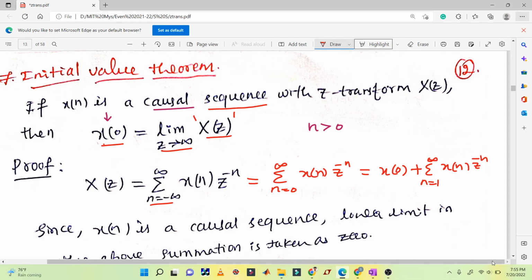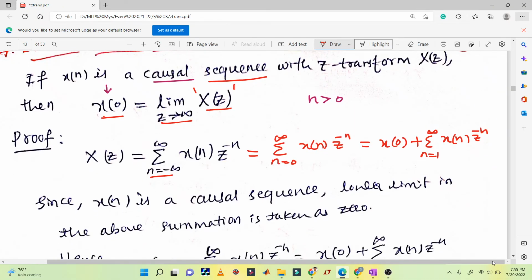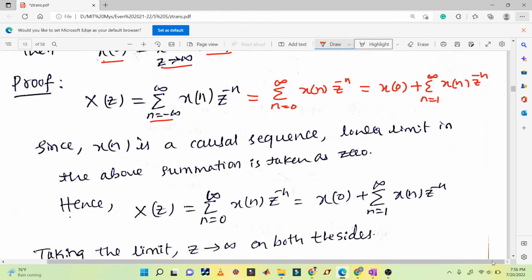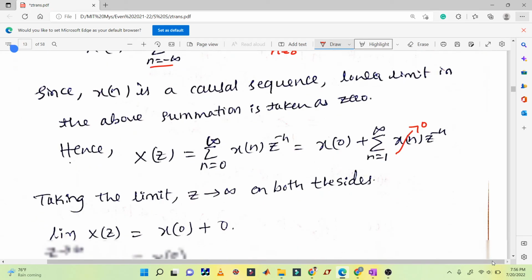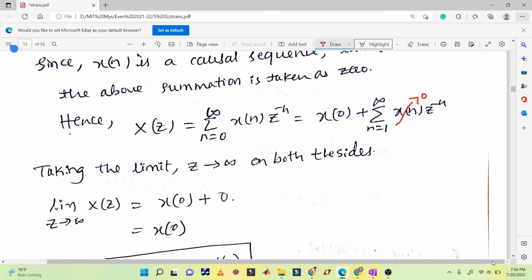Now applying limit on both the sides, this value will become equal to 0. Why will it become 0? Because z to the power minus n I can write as 1 by z to the power n, multiplied by x of n. So when z tends to infinity, 1 by infinity will be 0.